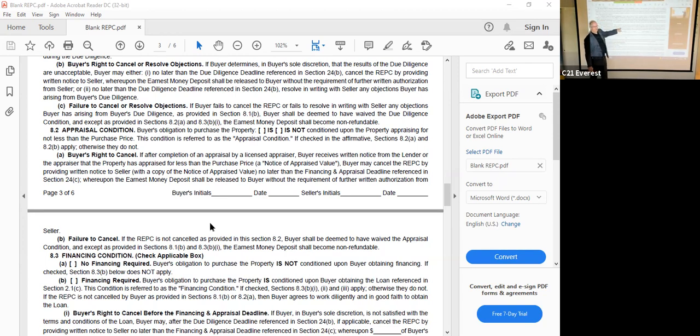So if you're going to cancel based on the appraisal, you must include a copy of either the entire appraisal or the page that tells the value of the appraisal with your cancellation. And that's how you're going to prove that you're canceling based on the appraisal.